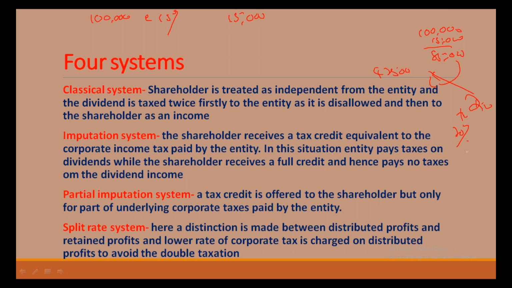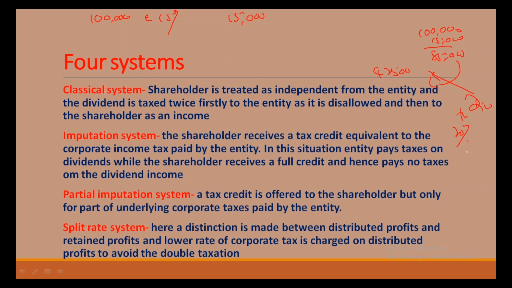Right? So as I said, in the classical system, the company is a separate person. Company had to pay 15,000 taxes. When you get that 42,500, you are a separate person and will have to pay another 20% taxes. So you have to pay 8,500 taxes.